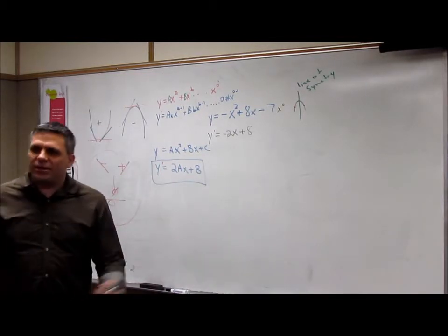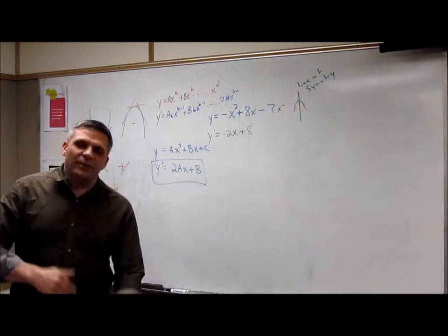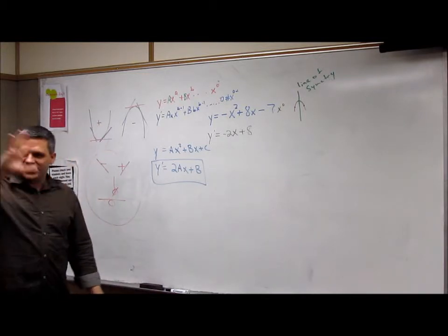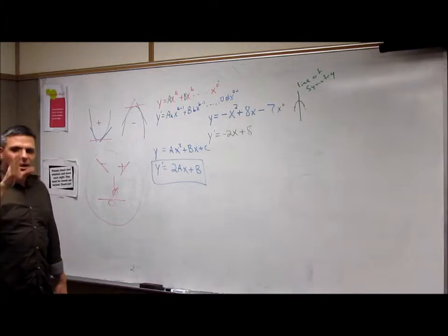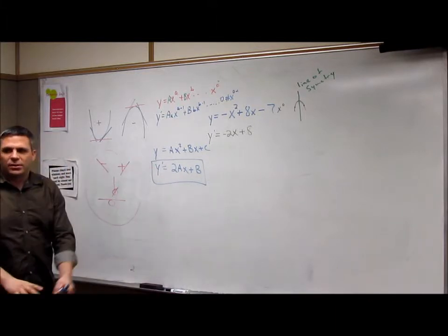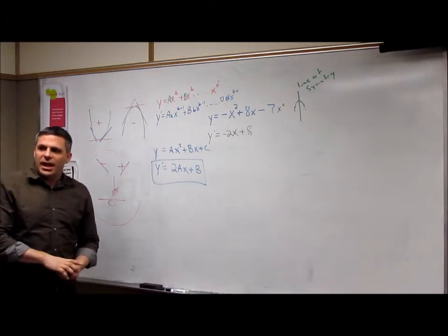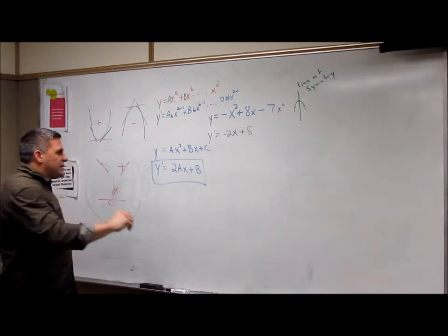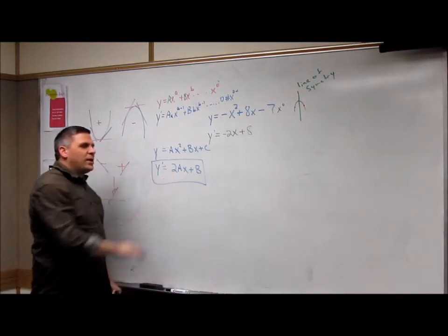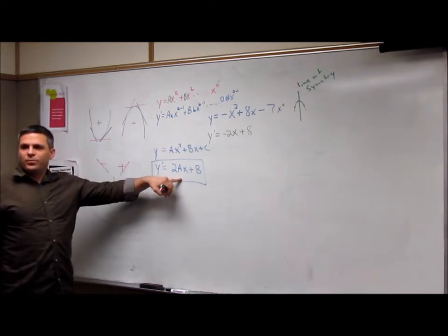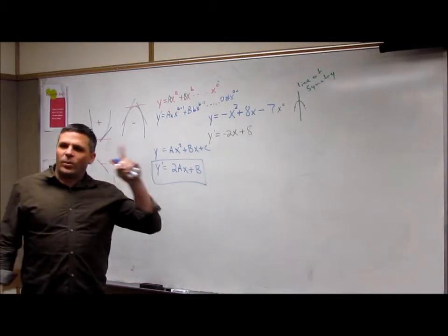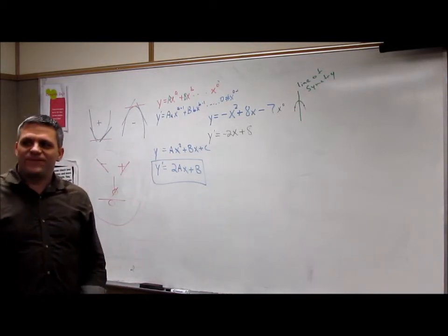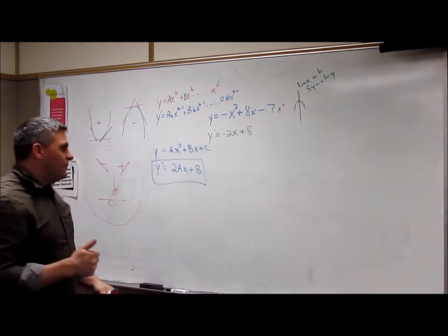When you get to calculus with me in a few years, then we'll worry about all the other stuff we can use this for and all the other rules that go along with the power rule. But right now, we're just using one little piece of the power rule to give us a real easy thing. And what this does is it tells us what the x value is for the line of symmetry.